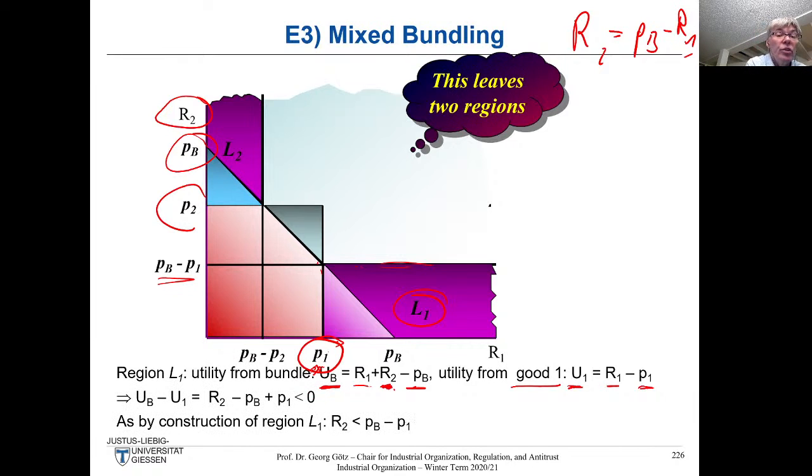But if R2 is lower than PB minus P1, and if we compare UB and U1 by looking at the difference, R1 cancels out.